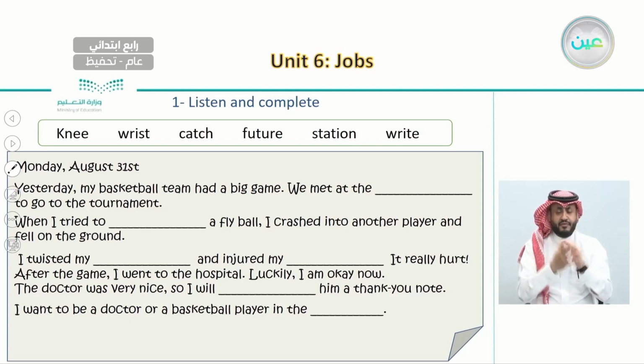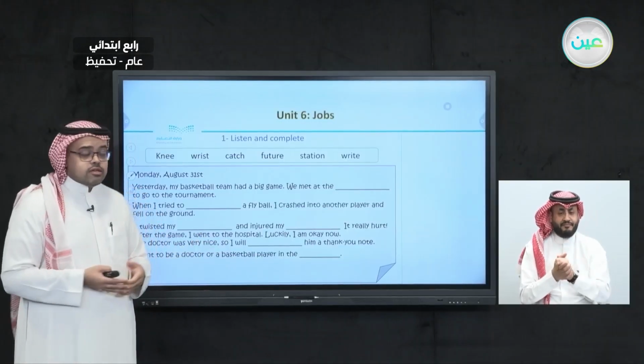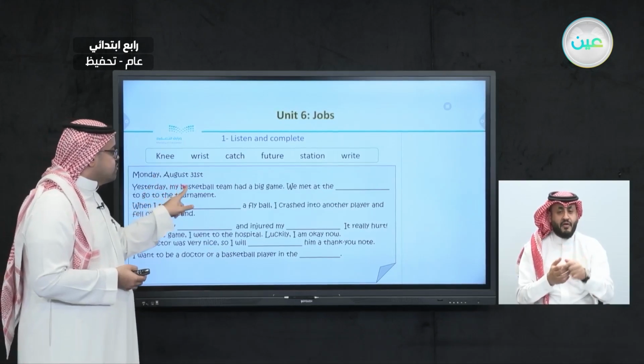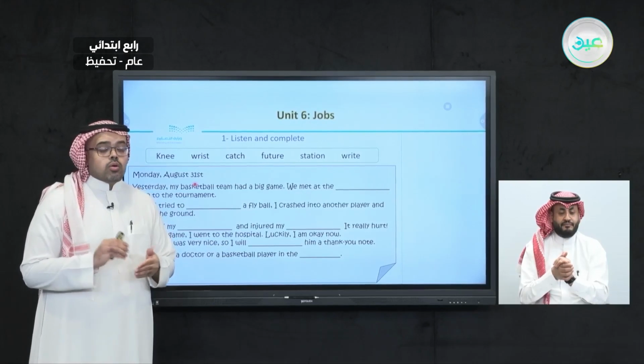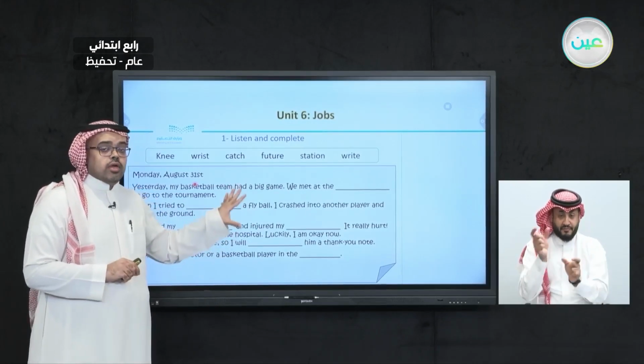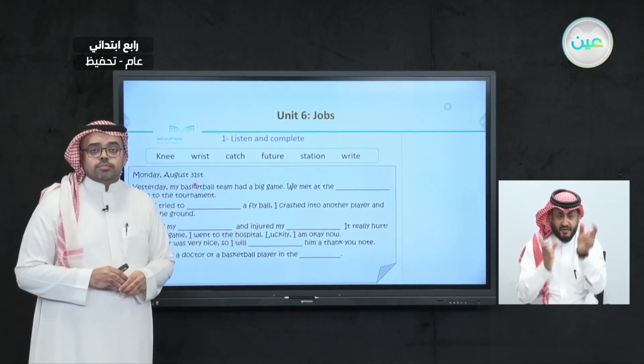And after we listen, we're going to start and fill in the blanks with the words we just listened to. So this is a letter about someone writing about something that happened to him that day. Which day is it? It's Monday, August 31st. And when we listen to him, we will write down the missing words that he said in these blanks.